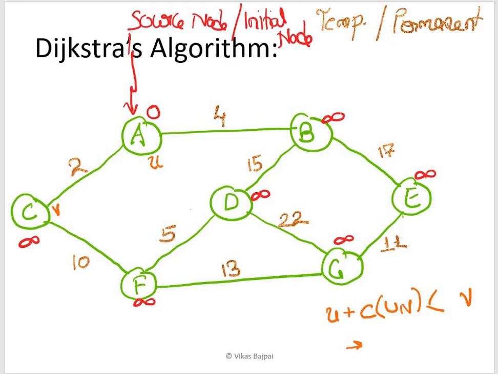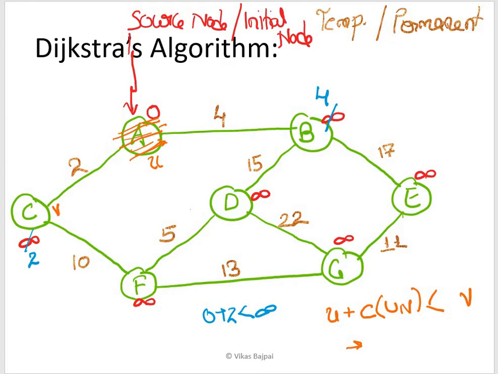So this becomes 0 plus 2, which is obviously less than infinity. So I am going to revise this particular weight, and it becomes 2. On this side, 0 plus 4, which is obviously less than infinity, so this particular weight becomes 4. Now this is covered. This is with the permanent one.